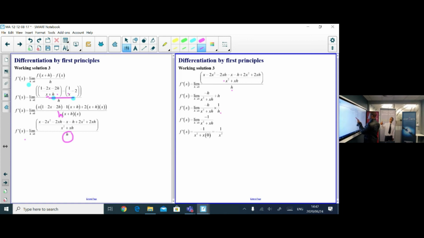So you factorize your h on the denominator as well, and you divide by that h, and you put your 0 for the h. So your resultant answer would be minus 1 over x squared.